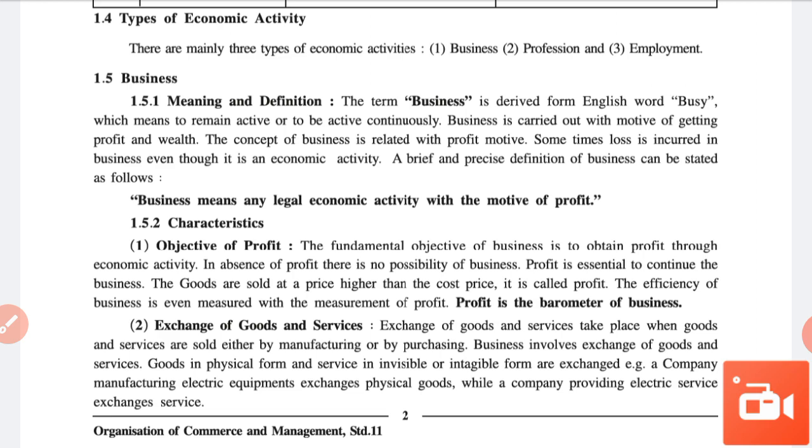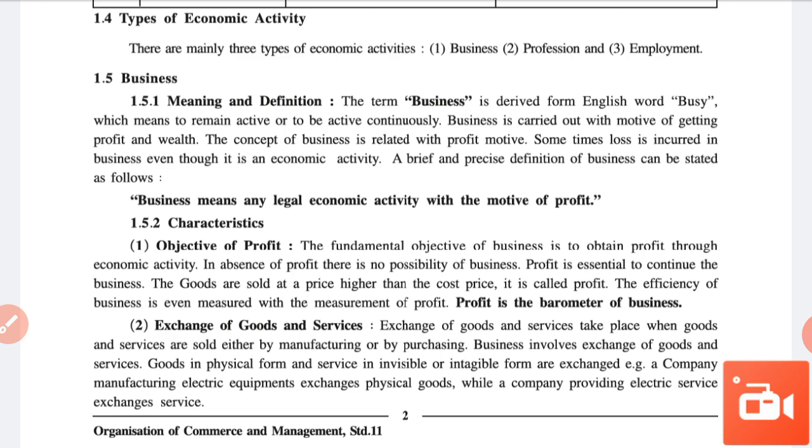In the first line, the word busy, you should write this line. Then, related with profit motive. Loss is incurred even though it is economic.